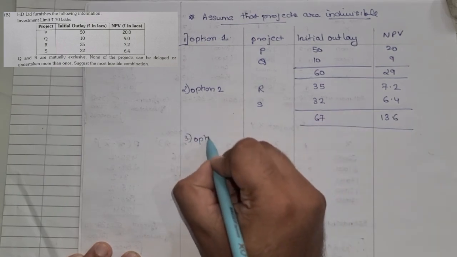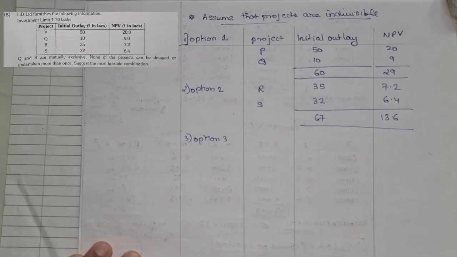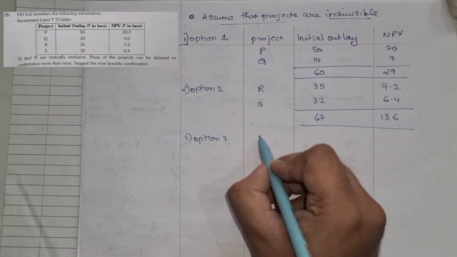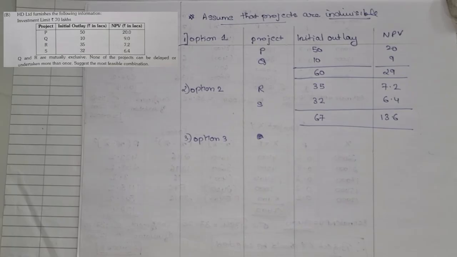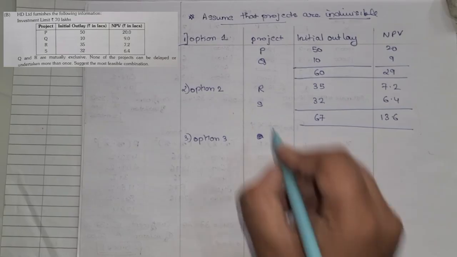If I go for another option, let's say if I take QRS, that goes above 70. So let's say I take Q and R, but I cannot take Q and R because they are mutually exclusive. So if I take Q and S, that can happen.